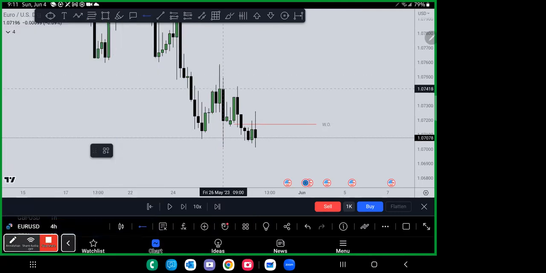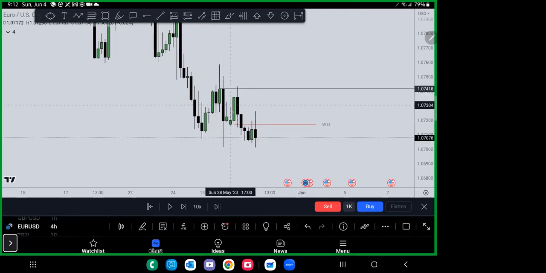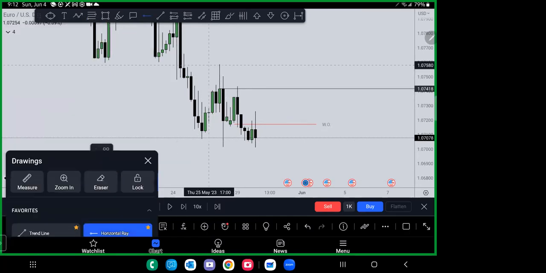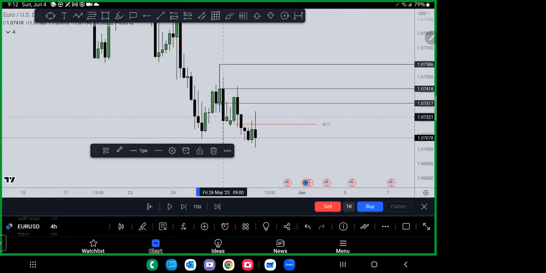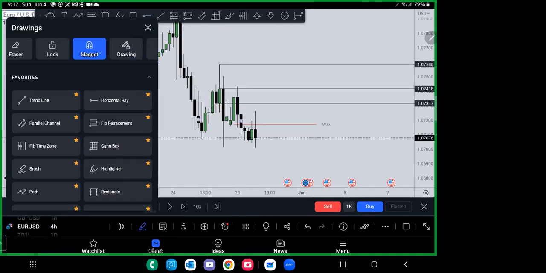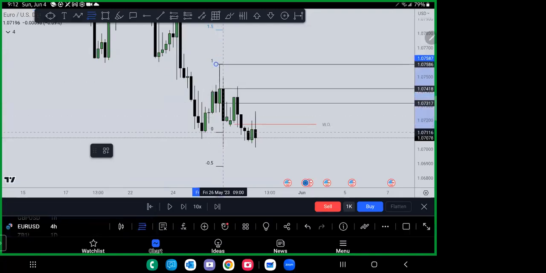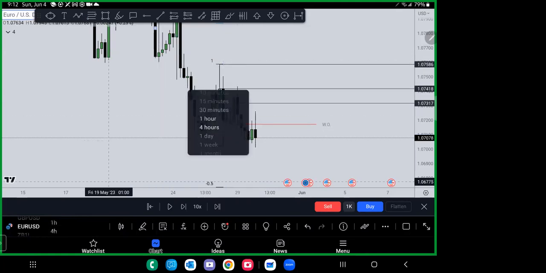And this here is a rejection block. We have a rejection block, we have old highs, and then obviously this is an order block. So if we were measuring that range, looking at our PD arrays, these would be all of our premium arrays: order block, rejection block, old high. Everybody clear on that?